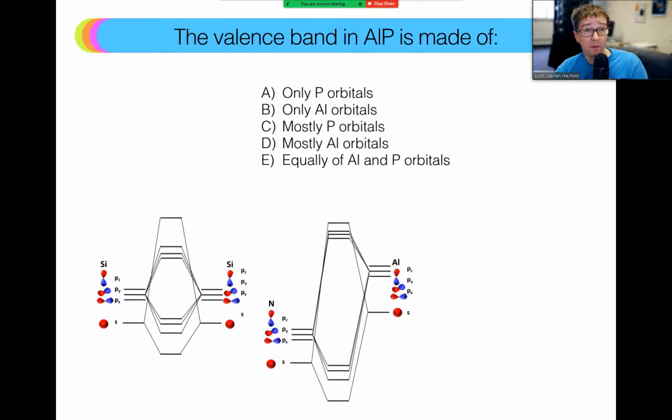We've said before that the valence band is made primarily from orbitals that are closest in energy, if we're doing our band diagram, or rather our MO diagram, we will see, of course, that because phosphorus is lower in energy, phosphorus is going to be closer in energy.